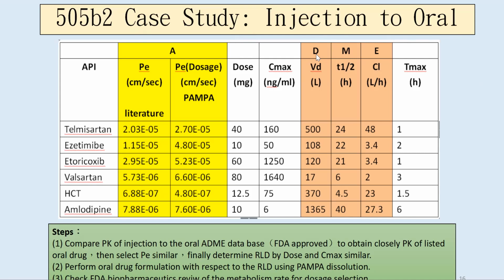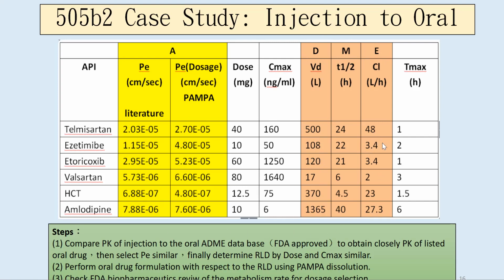So you have ADME, right? And this ADME data, you'll have it. However, in this case, you'll need DME data. Once you have this DME data of the injectable, you can compare with the oral database, right?